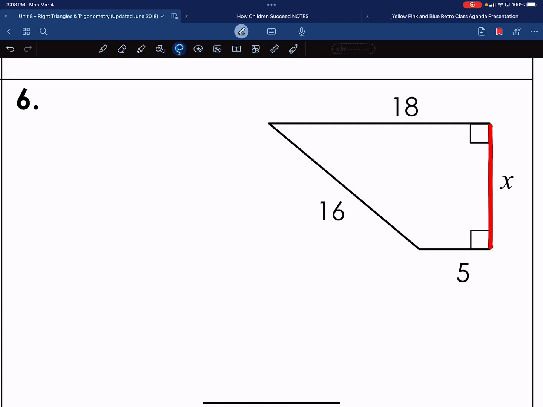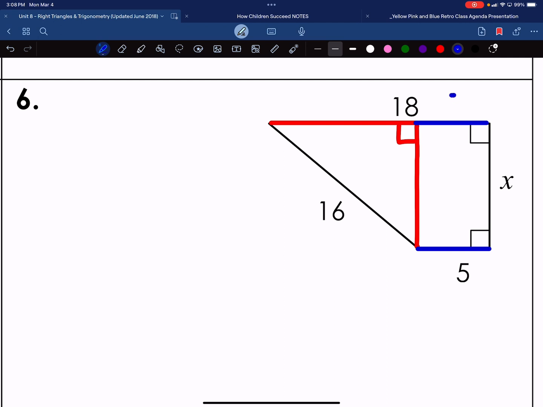But what if I take this height and move it right here? Then we have ourselves a triangle. You end up with a right triangle and what other shape? A rectangle. I'm going to worry about that triangle in a second. On that rectangle, I know this is 5. What's that top piece going to be? 5.